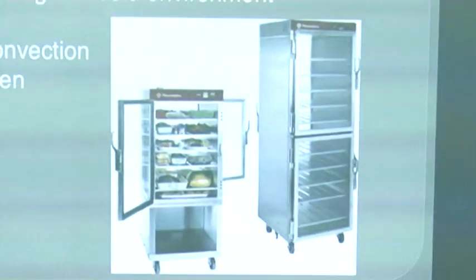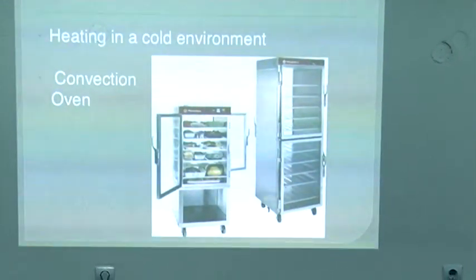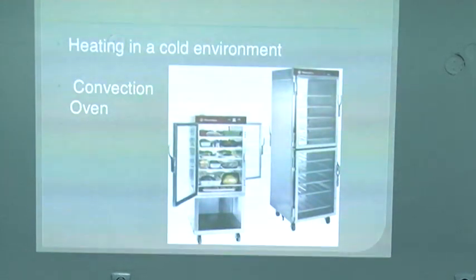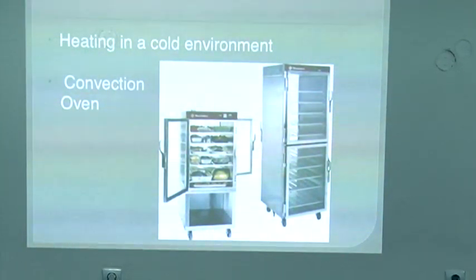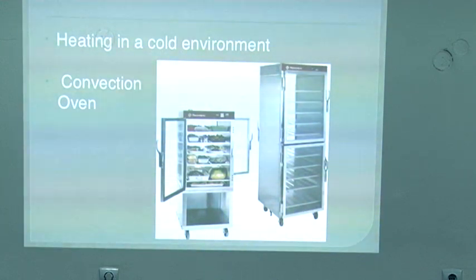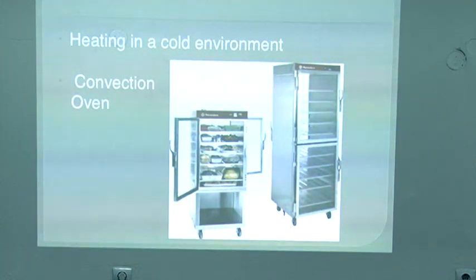And so this is essentially the same as what we've talked about, heating in a cold environment, but rather than this hot plate that the plate of food is on, we're going to use a convection oven rather than the heated contact surface. And so the convection oven is going to cook the food in about 35 minutes.